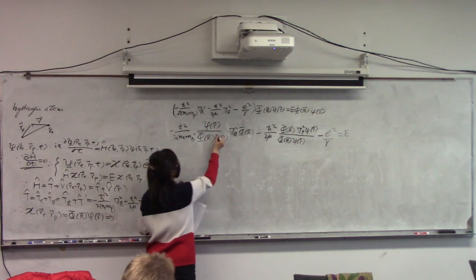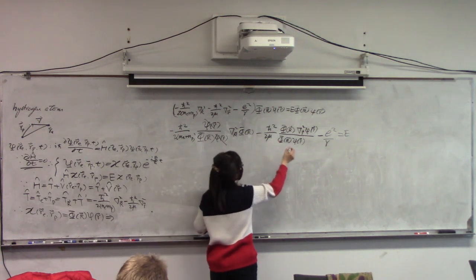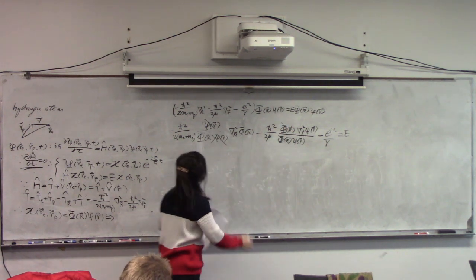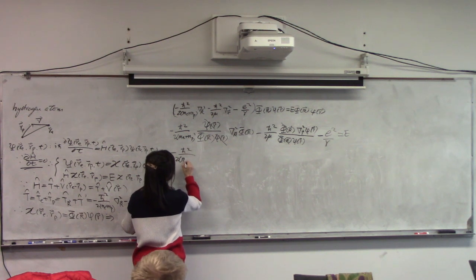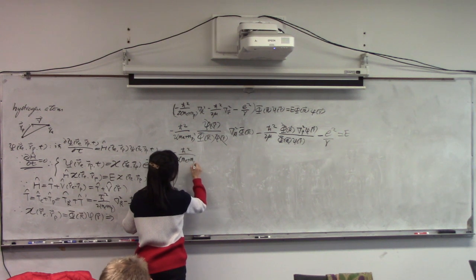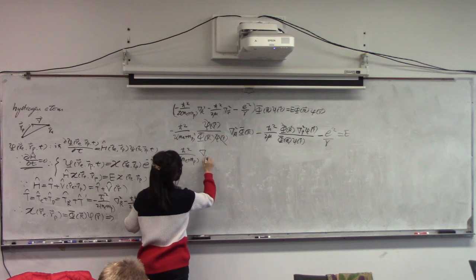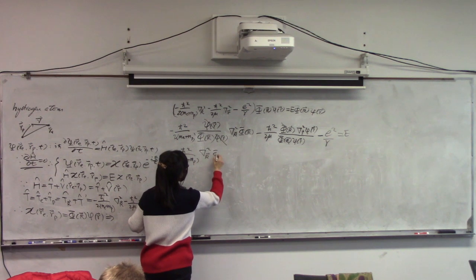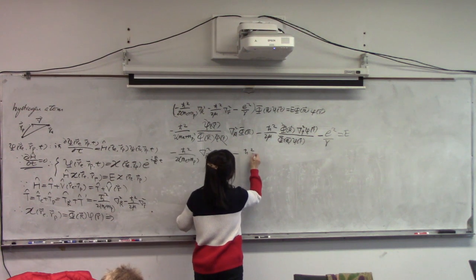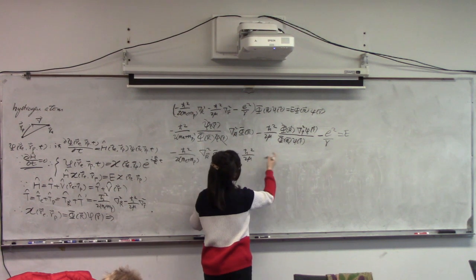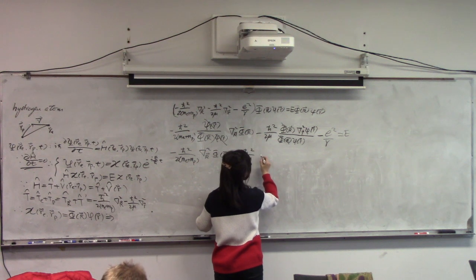So now you can see here, this cancelled. Then the equation is further reduced, where the first term is only a function of the center of mass, the function of capital R. The second term is only a function of the relative r, right?